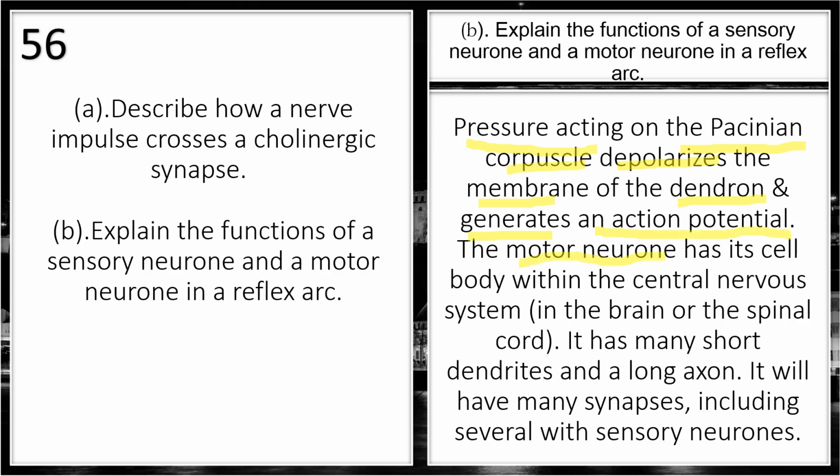The motor neuron has its cell body within the central nervous system, in the brain or the spinal cord. It has many short dendrites and a long axon. It will have many synapses, including several with sensory neurons.